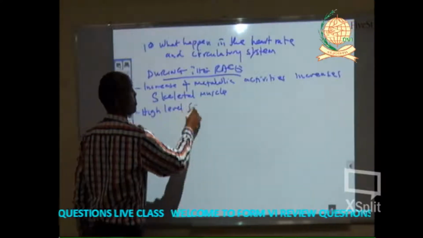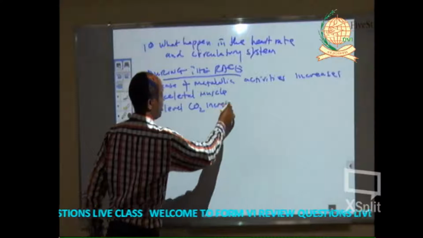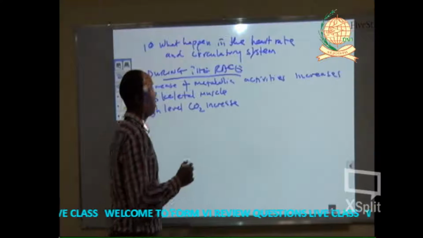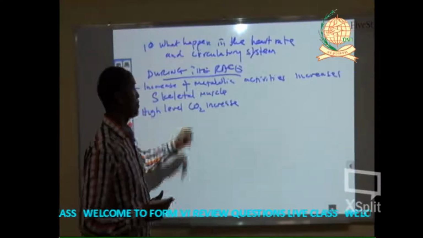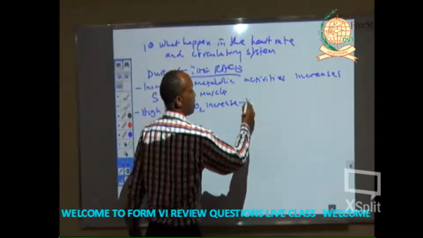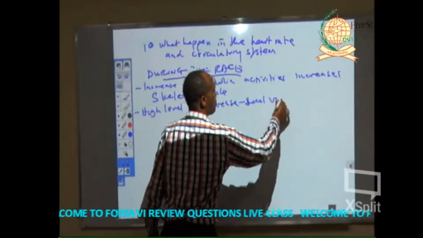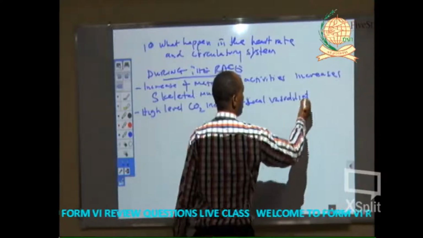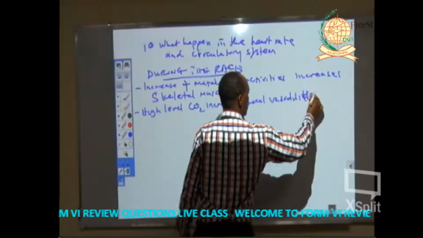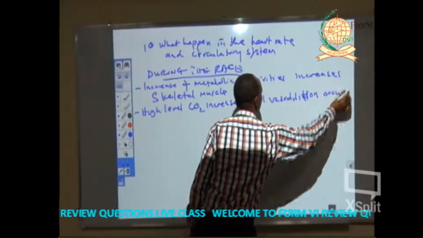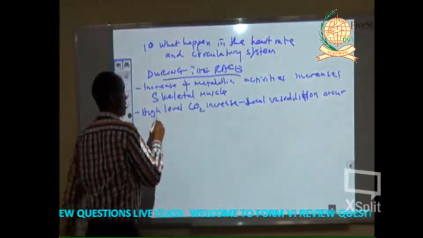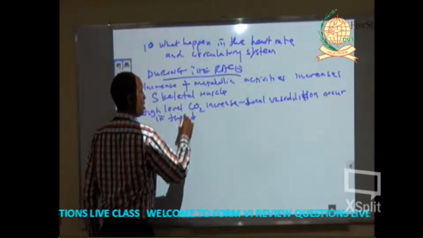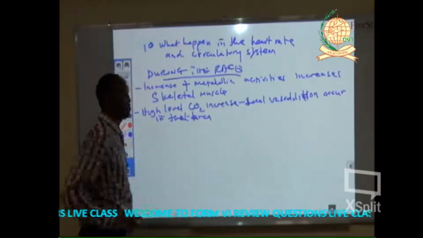a high level of carbon dioxide, especially in those skeletal muscles. As the level of carbon dioxide increases, local vasodilation occurs in that area, in the skeletal muscle.